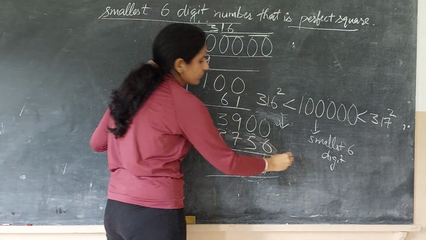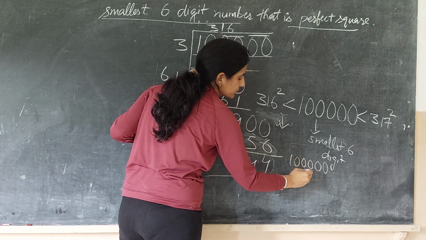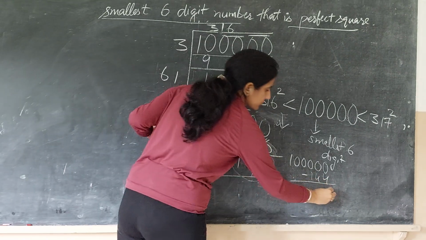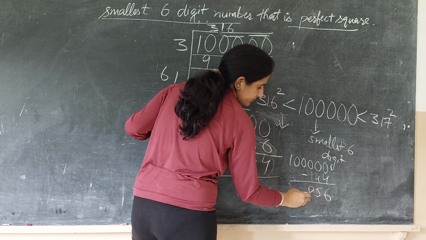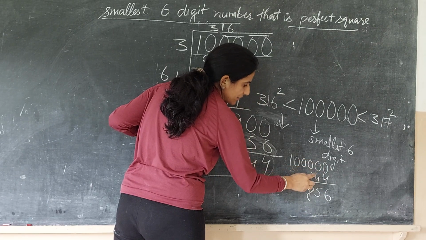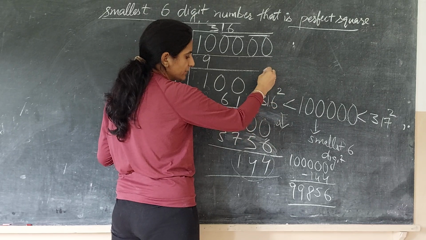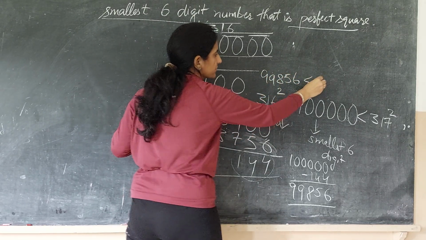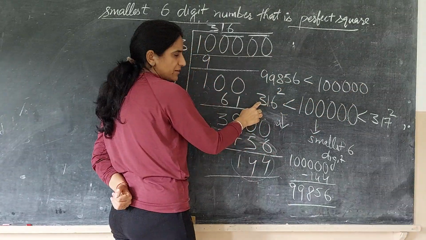Actually, this is the root of: 10 minus 4, 6, 9 minus 4, 5, and then 9 minus 1, 8. So this number is actually 99856. Okay, this number is this.